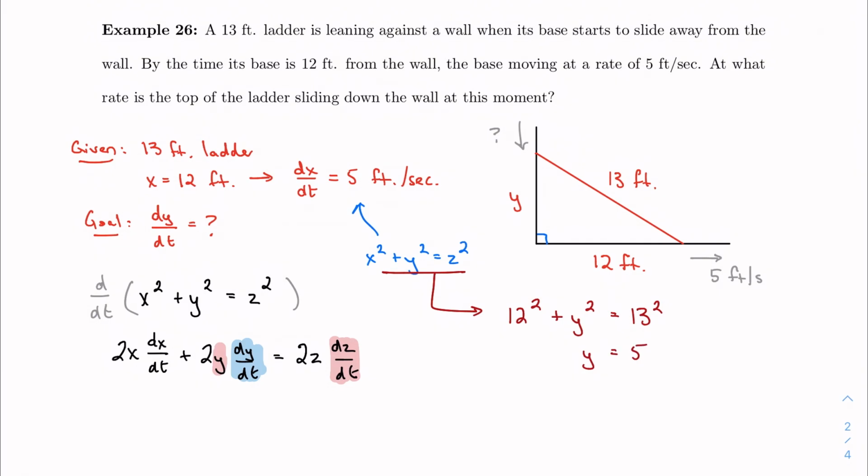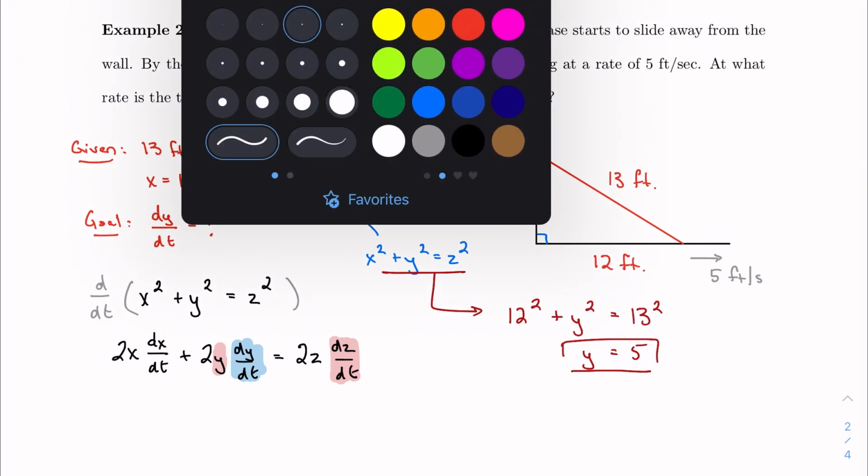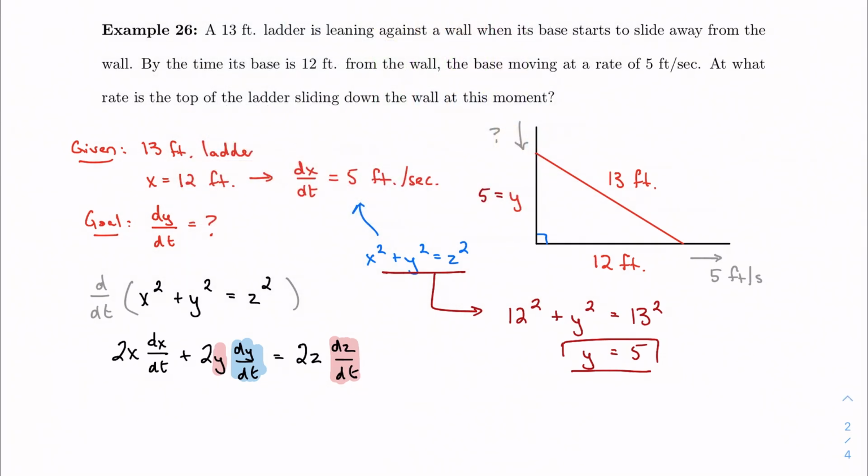So there's one unknown. And now this dz/dt, well, my ladder is a fixed length, right? So nothing that happens over time is going to change the length of that ladder.